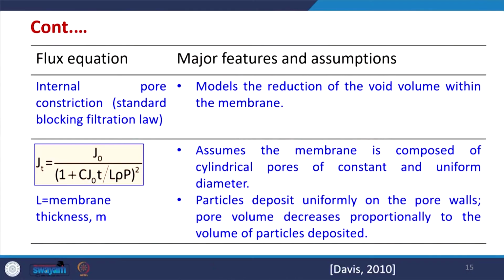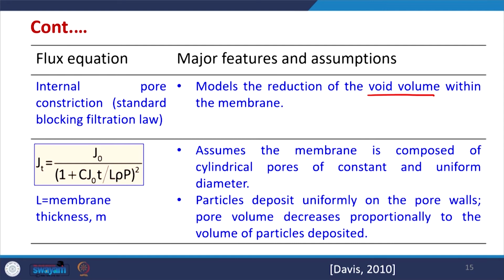Then there is a second type of model, internal pore constriction or standard blocking filtration law, as it is called. So, in this case the model models the reduction of the void volume within the membrane. So, whatever is the void volume within the membrane, that will reduce because of adsorption also.